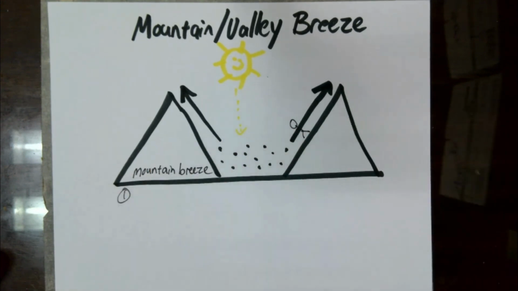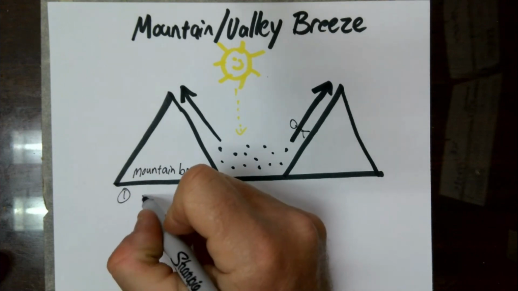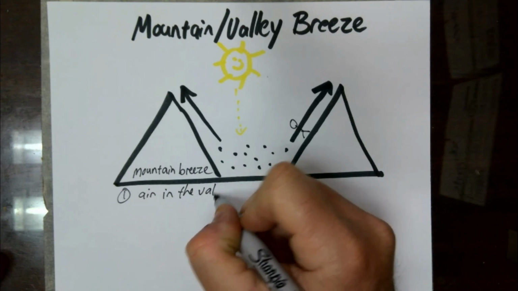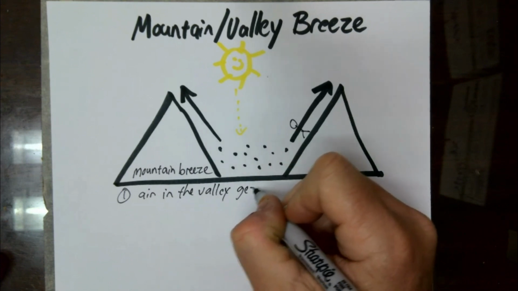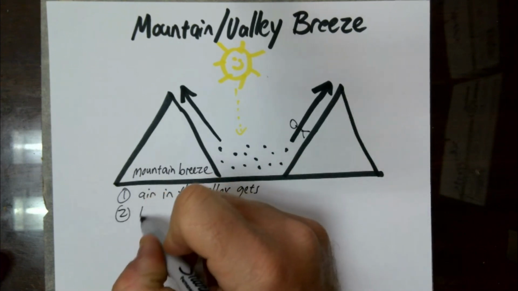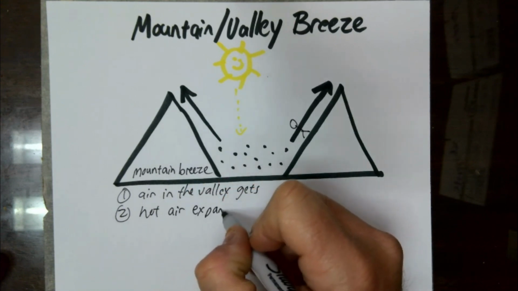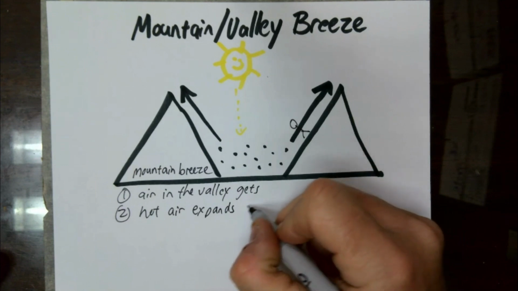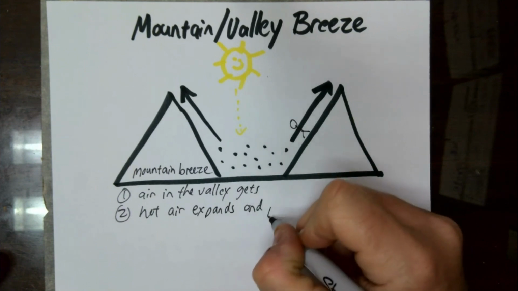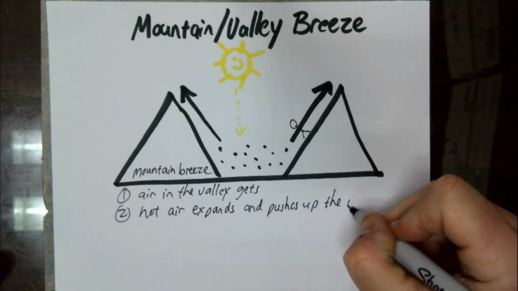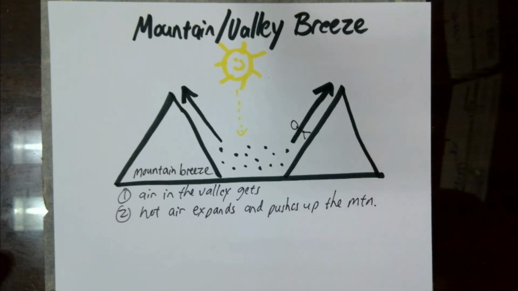Now what's going on here? Let's summarize. First of all, the air in the valley gets hot. Hot air then expands and pushes up the mountain.